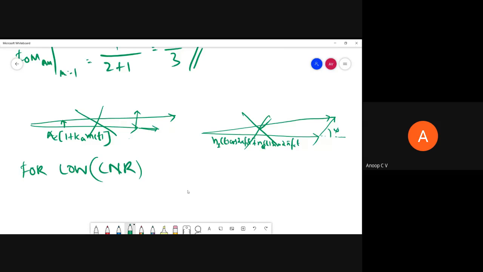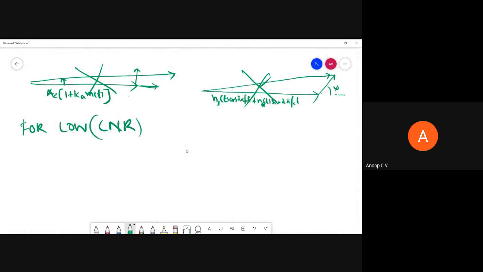Threshold effect means whenever the carrier to noise ratio is less than a threshold level, the message signal will be lost, or the envelope detector output will not have any component which is proportional to the message. So the loss of message in an envelope detector that operates at a very low CNR is called the threshold effect.